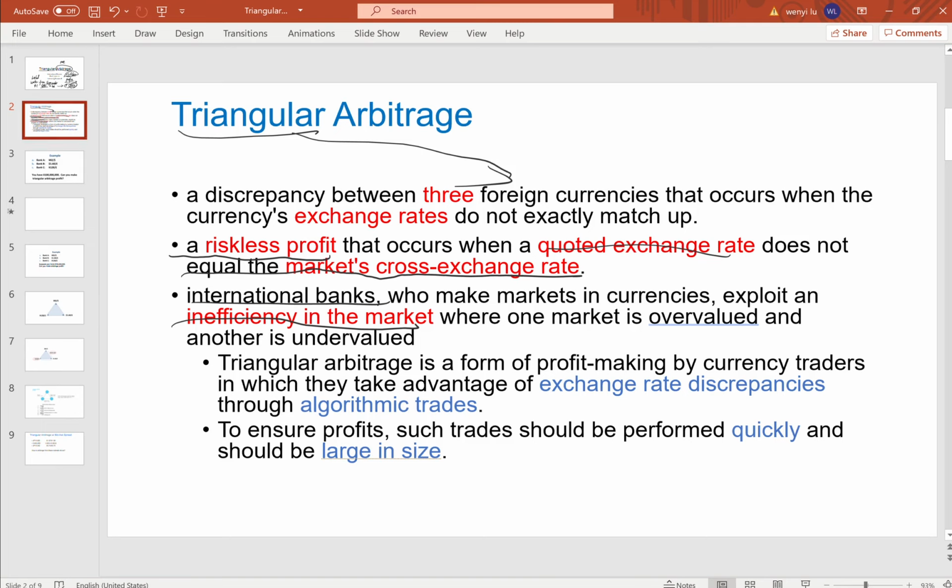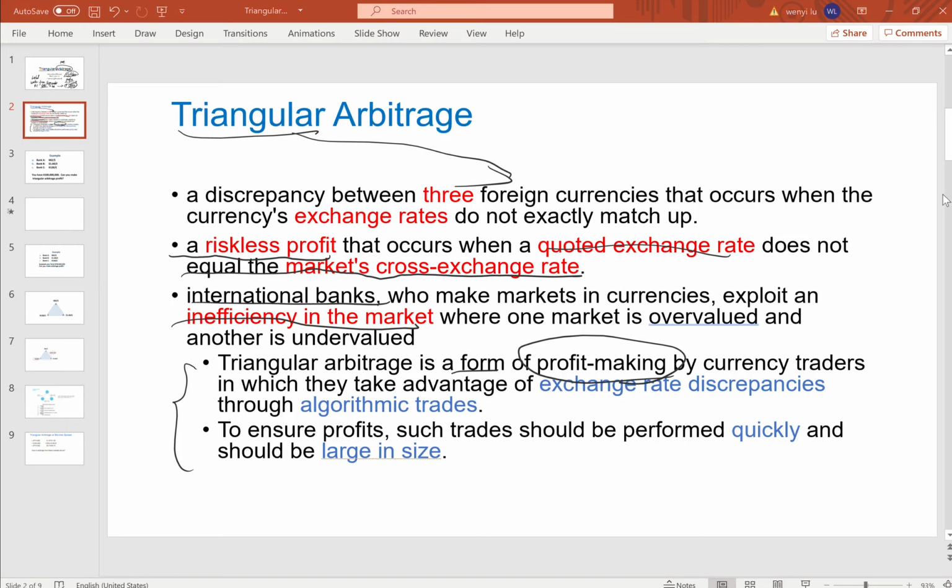So that's the process of triangular arbitrage. I summarized these points here. The first one: triangular arbitrage is a form of profit making. So the purpose is making profit. And how can we do that?